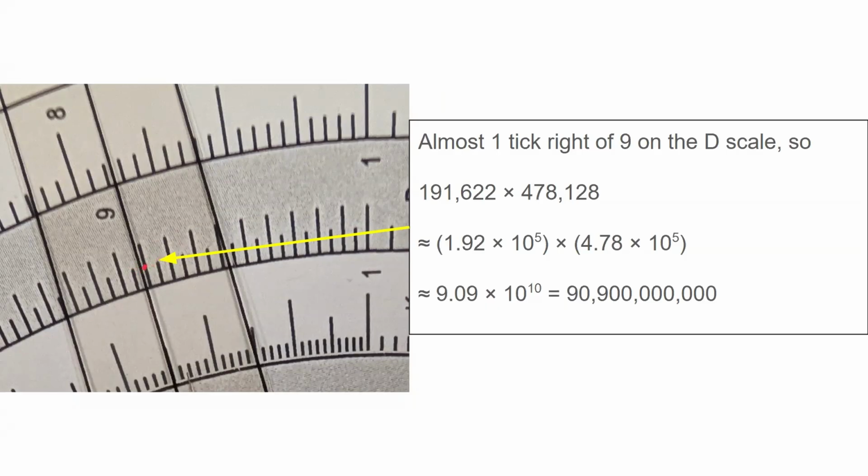There we go. Not quite to the 1, right? 9.09, here's our answer. My exponent, this was 10 to the 5th, 10 to the 5th, add those two together, 10 to the 10th. And so move this decimal place to the right 10 places, and you end up with this answer, which is 90 billion. And the exact answer is 91,619,000,000. Okay.